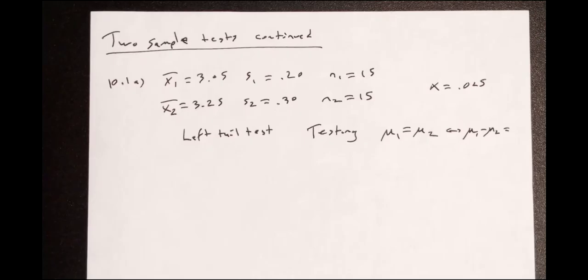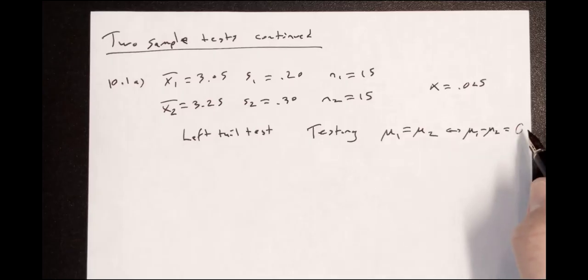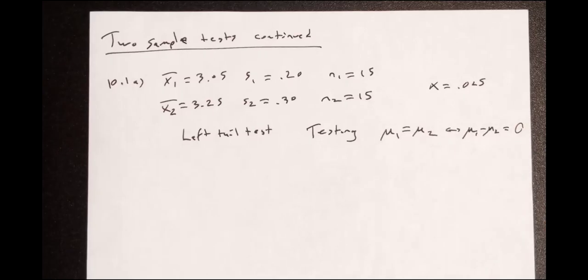I'm testing to see if these two means are the same. What's the difference between them? Zero. Remember, our benchmark is the difference between the two means. So I need that for my calculation of either Z-calc or T-calc, depending on the setup.